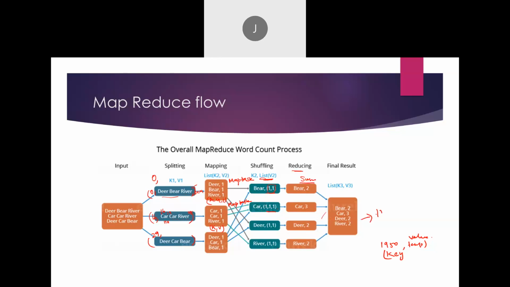Everything together will be stored in the HDFS, that is the storage unit. It is read from HDFS only. So in our code, this context.write we will do, right? Context.write will actually write into the HDFS.